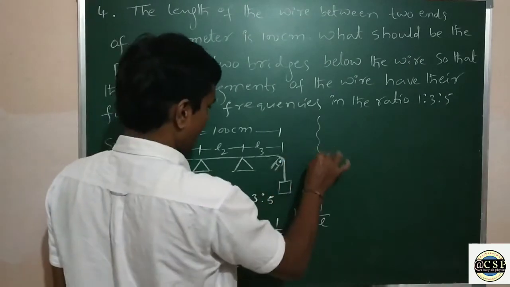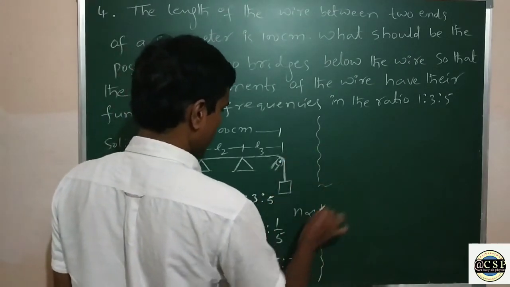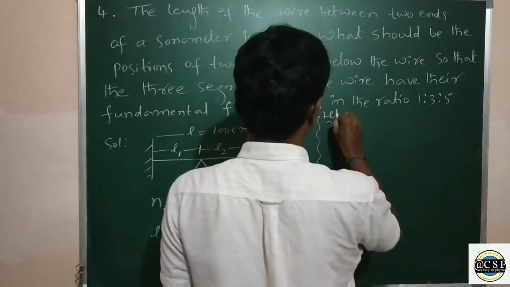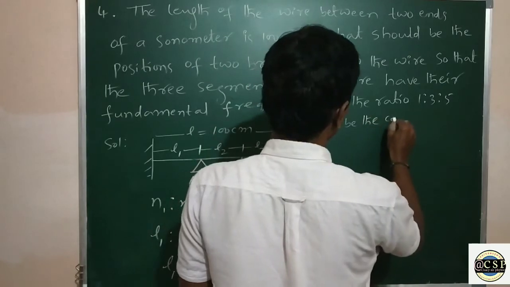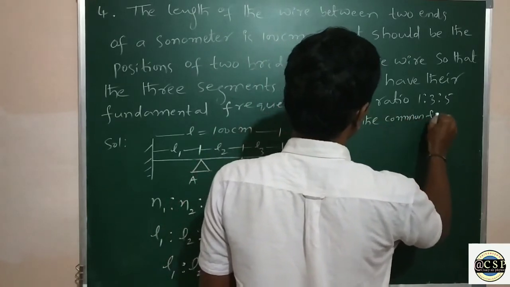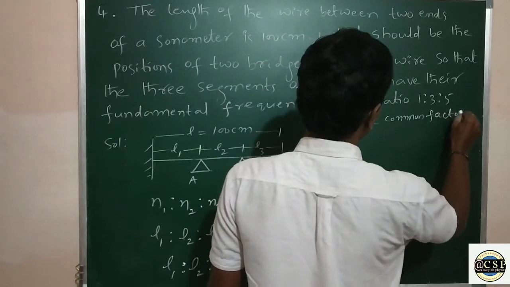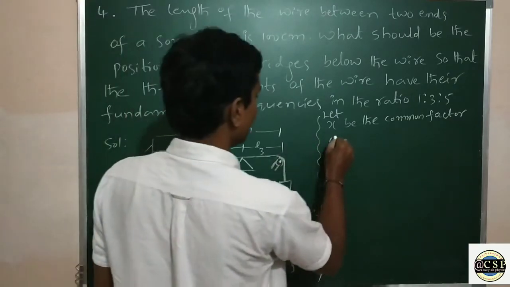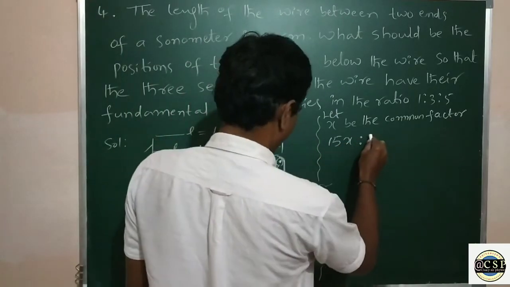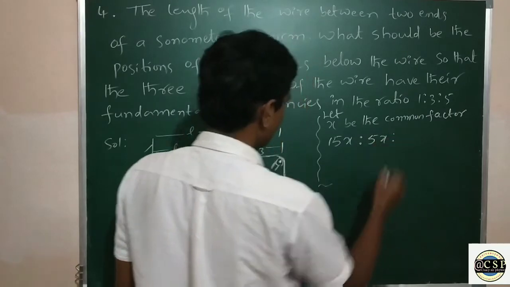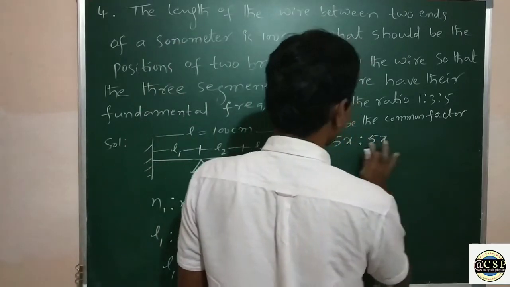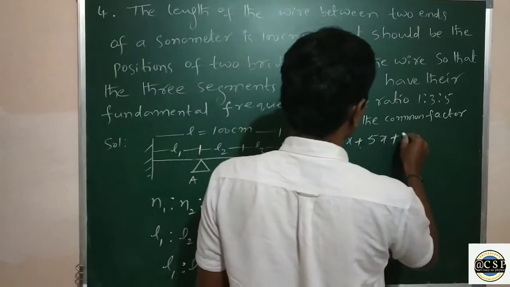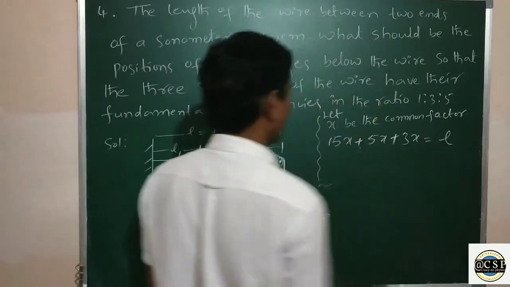Now let x be the common factor. We can write it as 15x is to 5x is to 3x, which means 15x plus 5x plus 3x equals the total length.